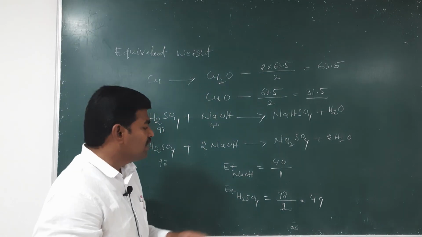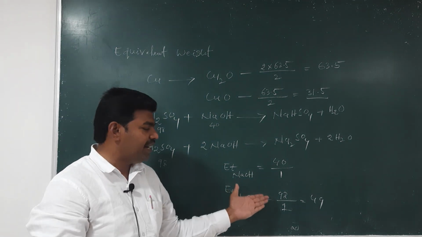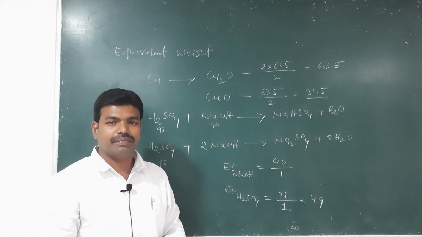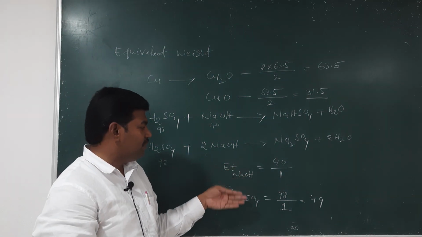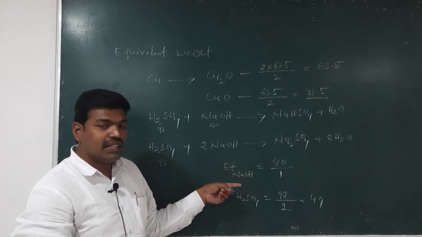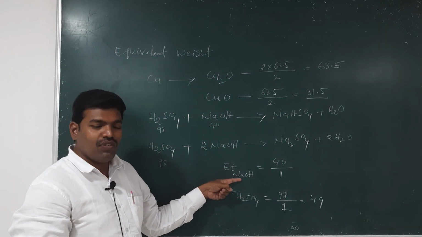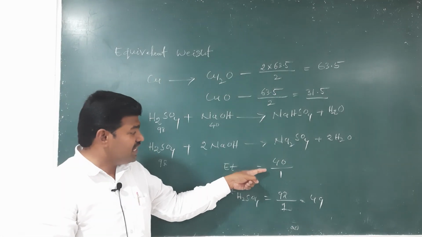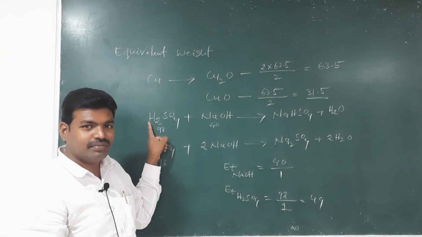That is why we can write 98 by 2 is equal to 49. But for example, let us see another case. Equivalent weight of NaOH. NaOH displaces one hydrogen.